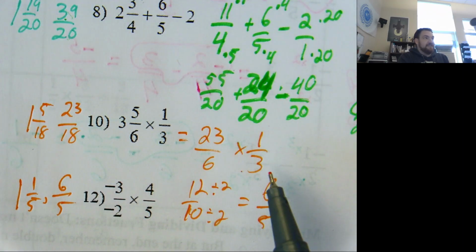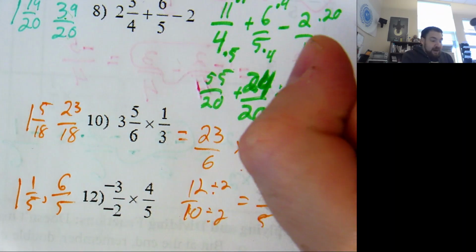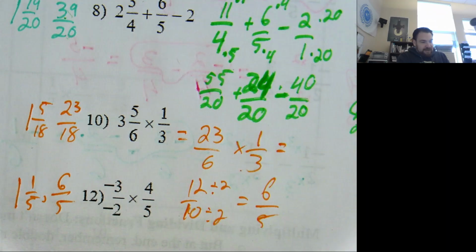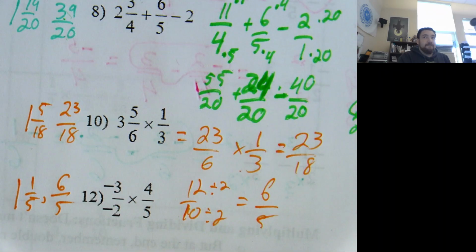I'm willing to bet that's the adventure you took: common denominator, and the numbers got massive. Don't do that. When you multiply, you don't need a common denominator. You just multiply across. That's just going to be 23 over 18, which you could write as 1 and 5/18. As soon as you start looking for common denominators when you're multiplying, you're going to take your adventure book, and you're going to die halfway through the chapter. That's that chapter.